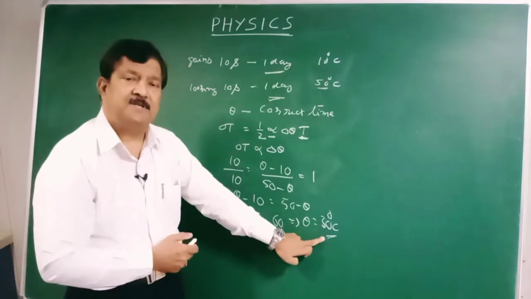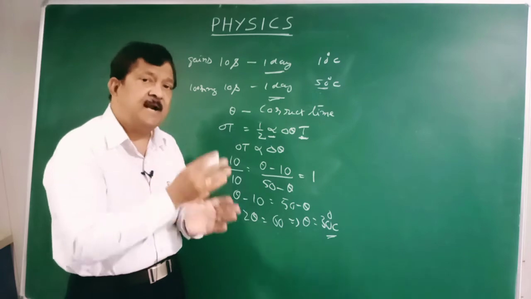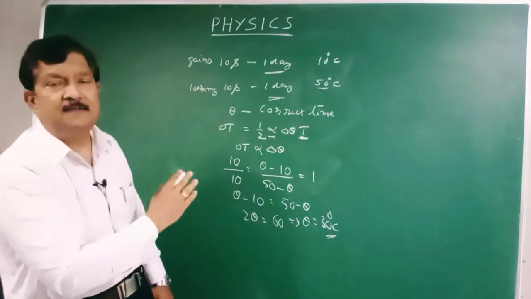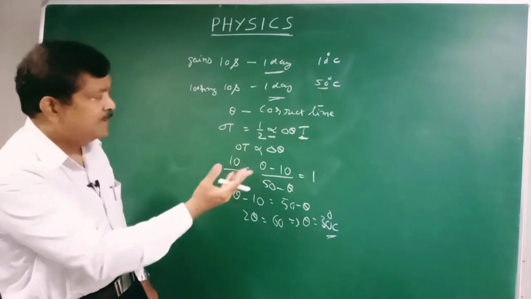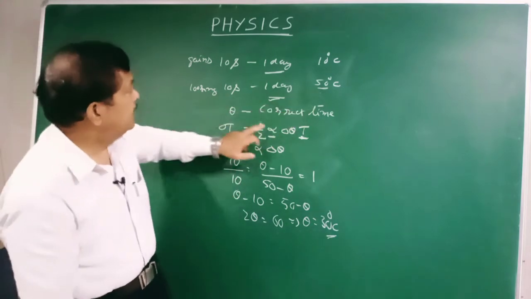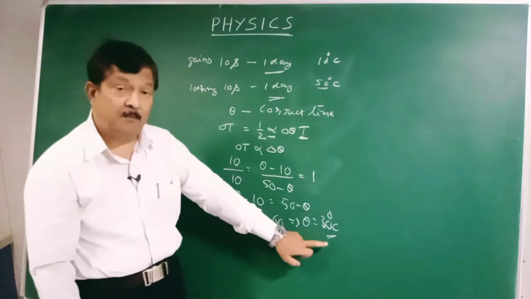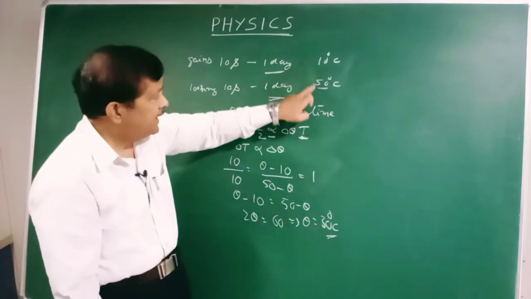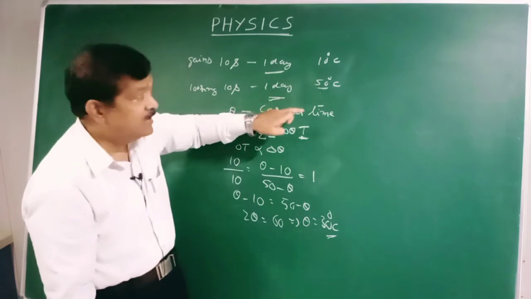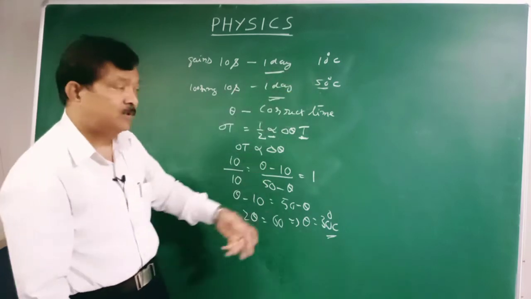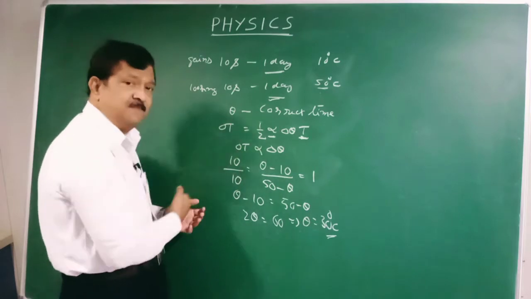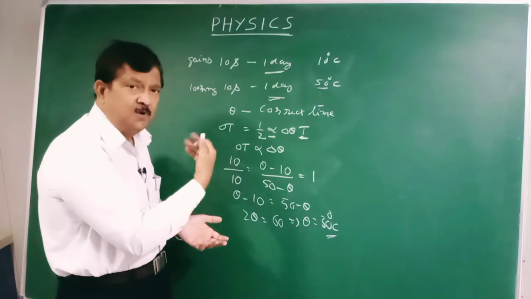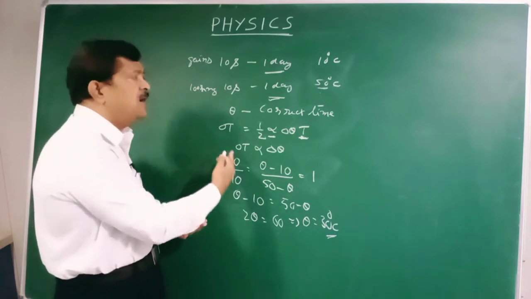That means the temperature at which it gains time is smaller than the temperature at which it shows the correct time, and the temperature at which it is losing time is more than the temperature at which it gives the correct time. So our answer will be in between these two. But to proceed, we have to apply it like this. This is one important model of numericals related to this point which we have to understand.